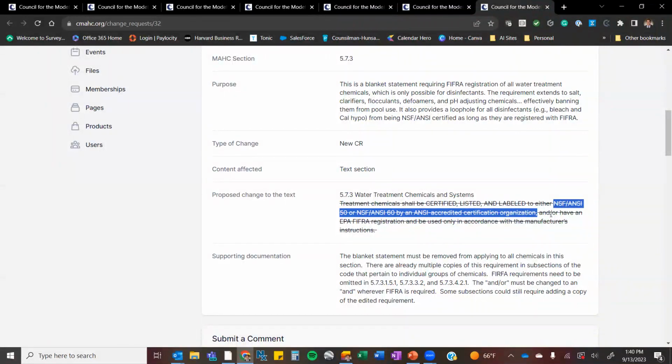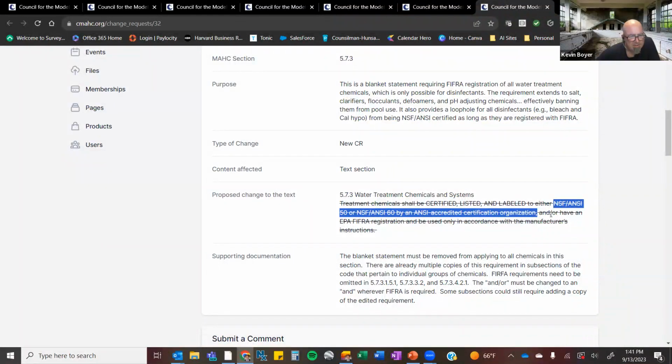The FIFRA that was already mentioned is only going to apply to the pesticides, and in this case that is our disinfectant. Our acids that are used for pH adjustment are not necessarily a disinfectant, so FIFRA rules don't have to apply to that. So yeah, the way it's written now, it is weird. But eliminating the whole thing?